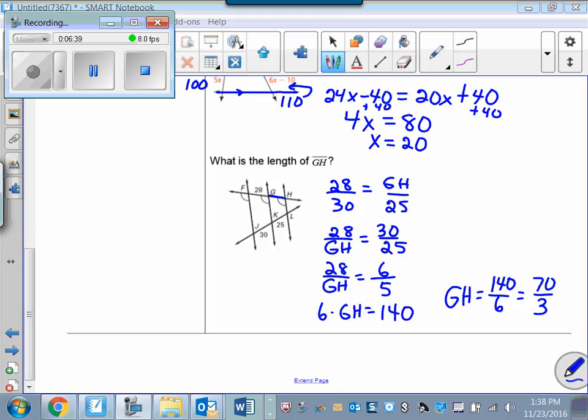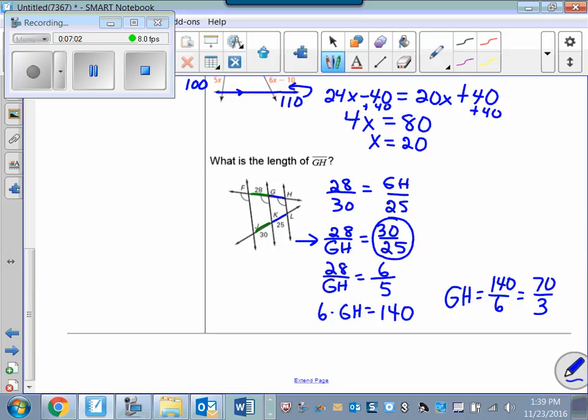I set up my proportion. 28 is to 30 as GH is to 25. And I did switch my means here because, as you can see, that's going to give me something over here that I can simplify down to 6/5.